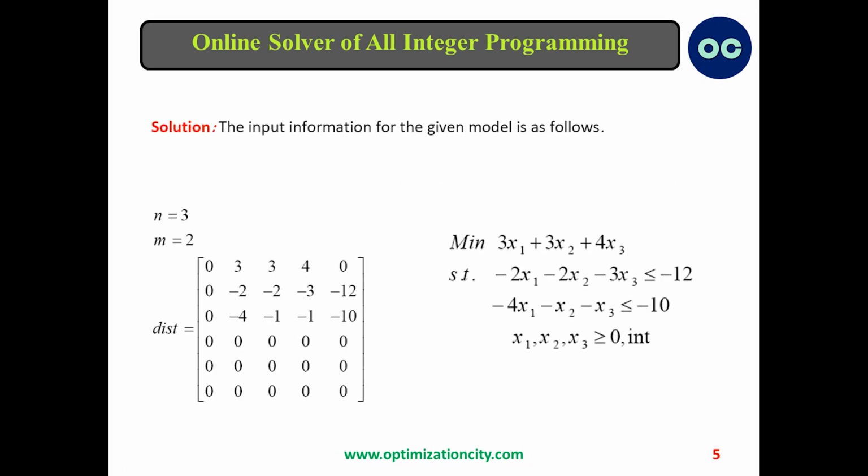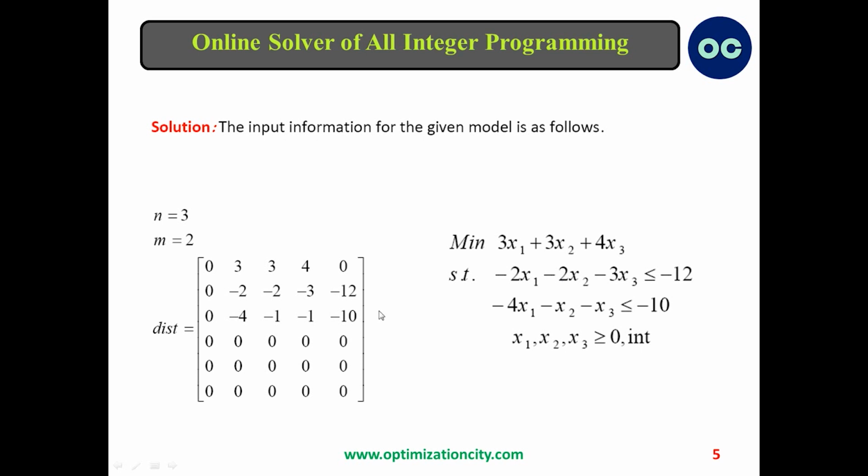The input data is as follows: n, the number of variables, is equal to 3, m, the number of constraints, is equal to 2, and dist is a matrix. The first row of this matrix is the objective function coefficients, the last column of the dist matrix is the right-hand side, and the others are the coefficients of the functional constraints.